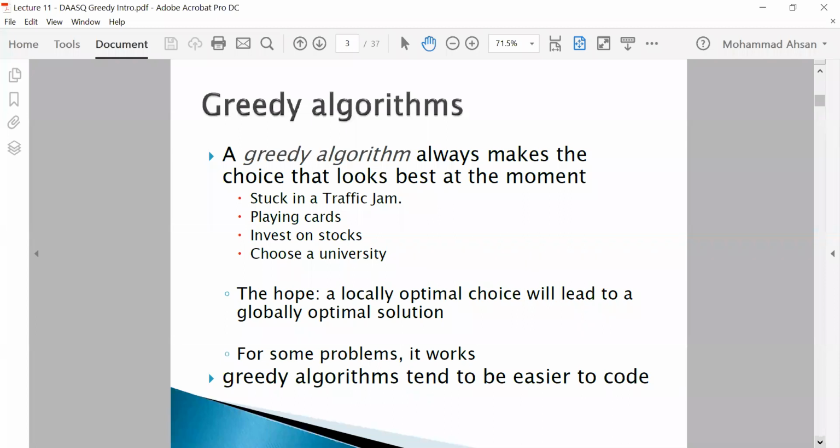In dynamic programming, we were trying to find an optimal solution, maximizing or minimizing something. Here also we will find an optimal solution, but it will be one of the optimal solutions you can get, not necessarily the best. In dynamic programming, you'll always get the best. We'll see that in an example.